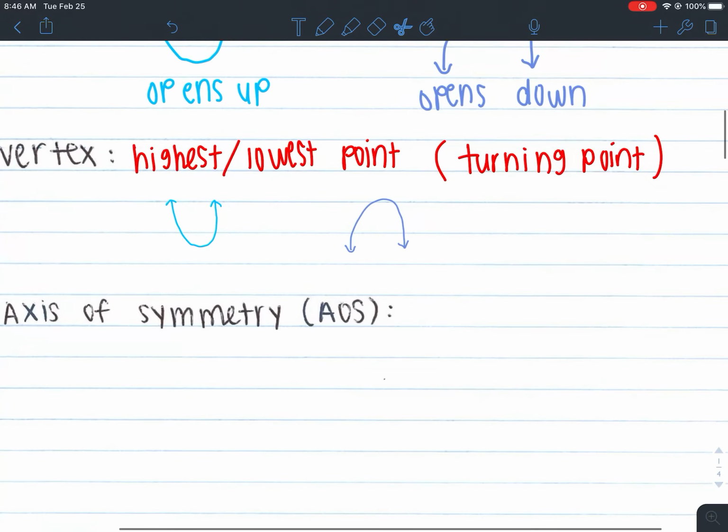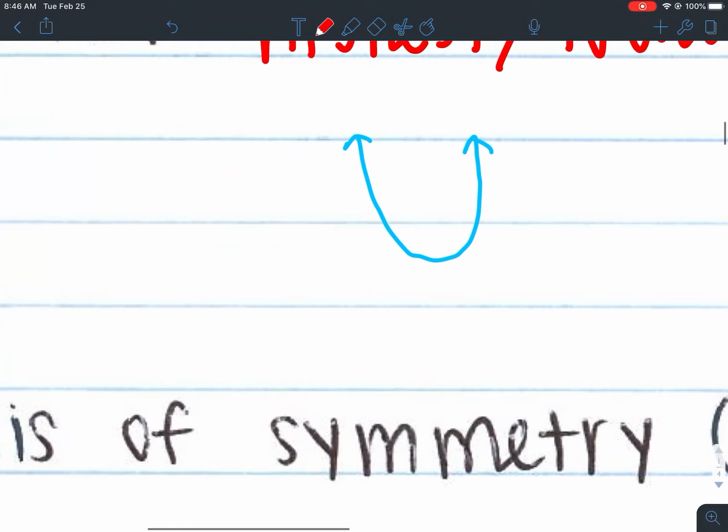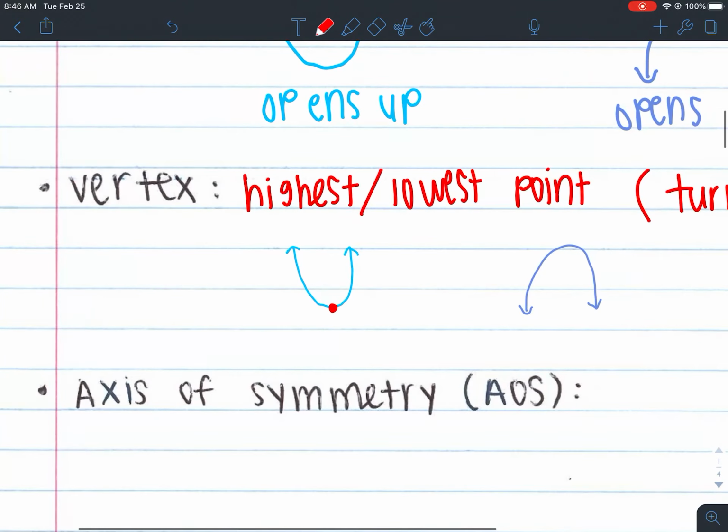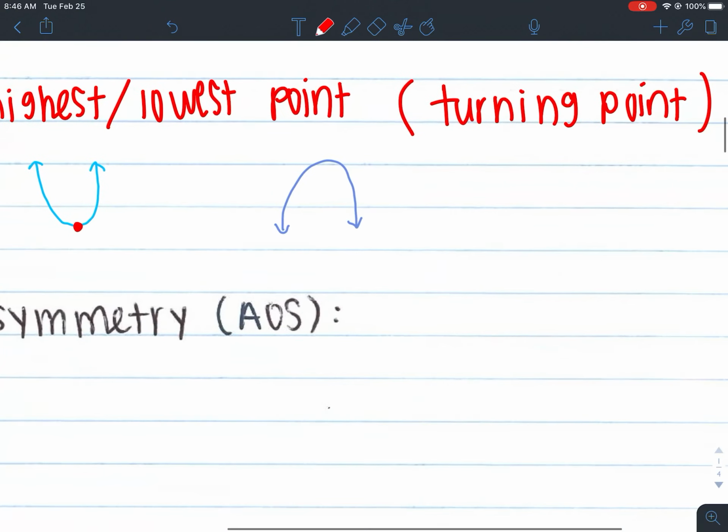Okay, so with our vertex, you can either have a highest or a lowest point. So here, is there a highest point? No, because it just keeps going up and up forever. But there is a lowest point. So here our vertex would be at the very, very bottom. Okay? Over here we have a highest point, which is going to be at the top. Sometimes we call this the turning point. It's not really referred to that often. I usually call it the highest or lowest.